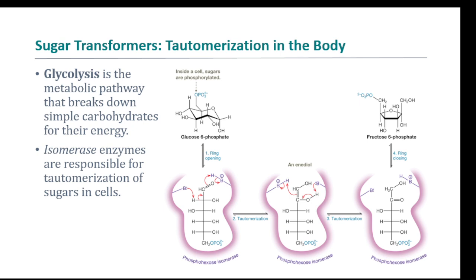And so in glycolysis, the metabolic pathway that breaks down carbohydrates for energy, this actually has to do this ring opening. And that's a keto-enol isomerization right there that we're going to go through. So right here we actually see the next step after this ring opening so that we can get the sugar in a form that we can do the reaction, the glycolysis.